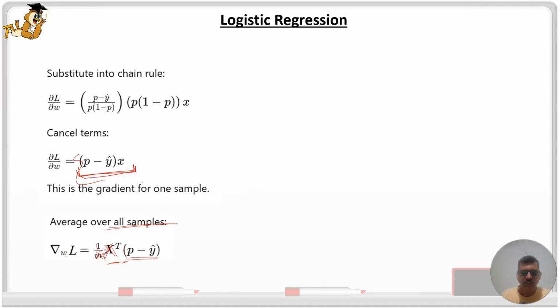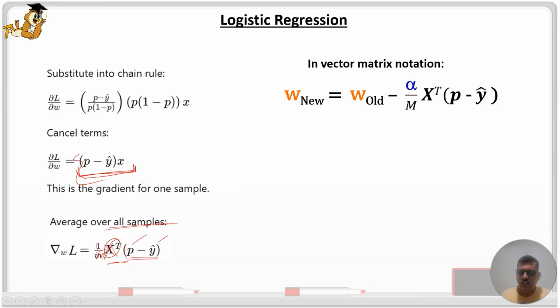These are vectors as well. This is a matrix. So in vector matrix notation, using the terminology that we have always used in the past, your new W is W old minus alpha, which is your good old step size. You could choose it to be a small positive number, divided by m. m is the total number of training points you had.